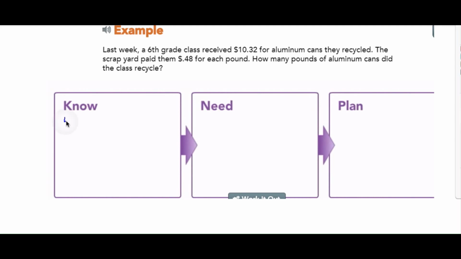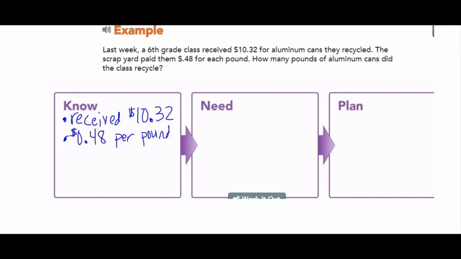We know that the students received $10.32. So that's all that they received. We also know that they received 48 cents per pound, or for each pound.